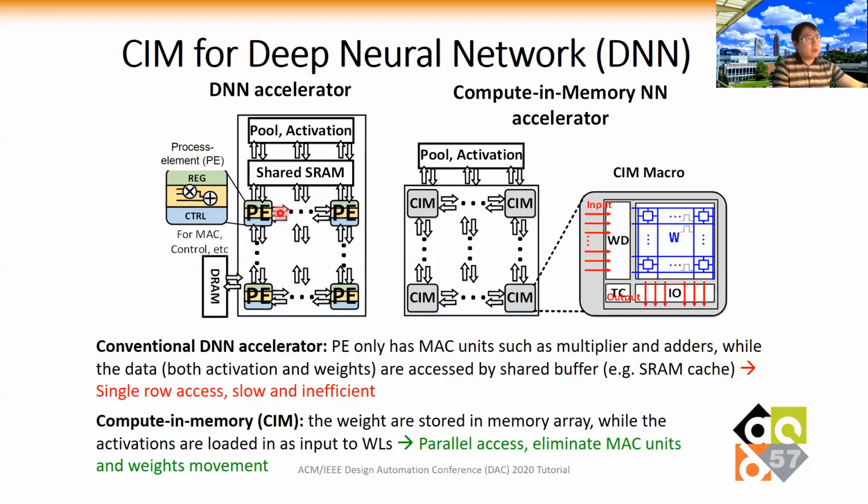All the weights and the activations of the neural network model are stored in the global buffer, for example, the shared SRAM cache. When the computation happens, those data are fetched into the PEs to do the actual computation, and then the output, for example the activations, is sent back to the shared buffer.